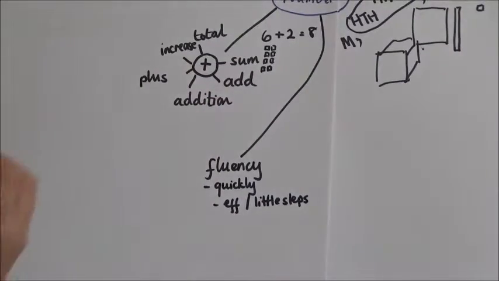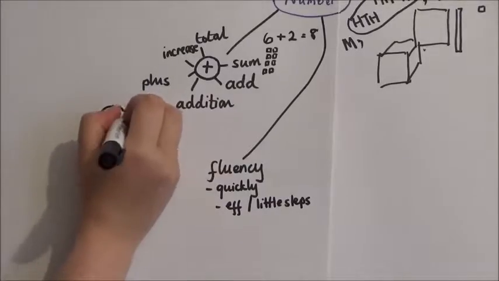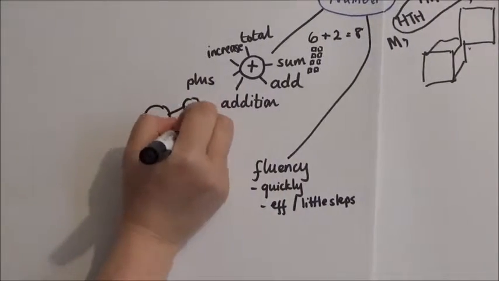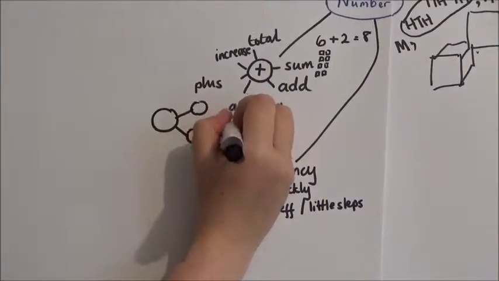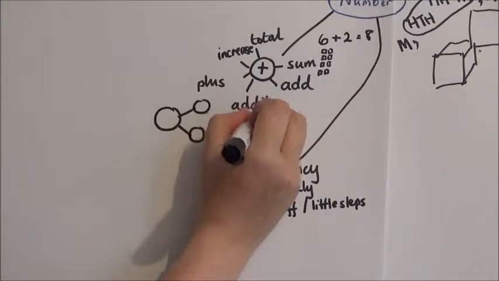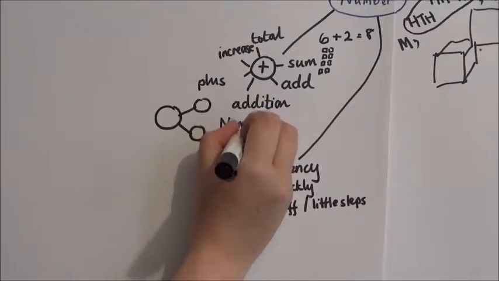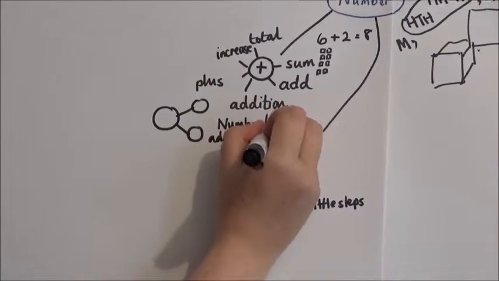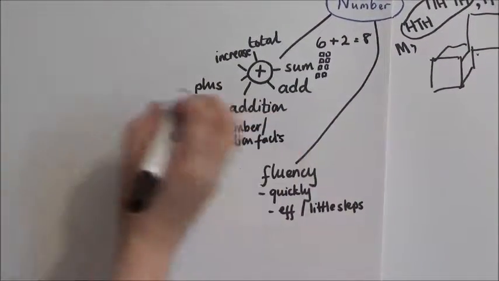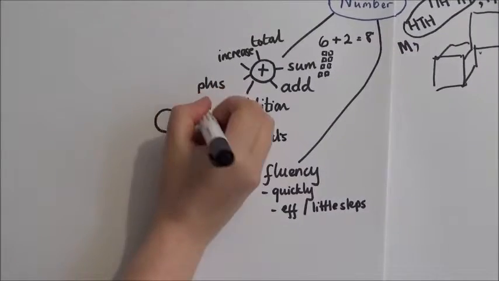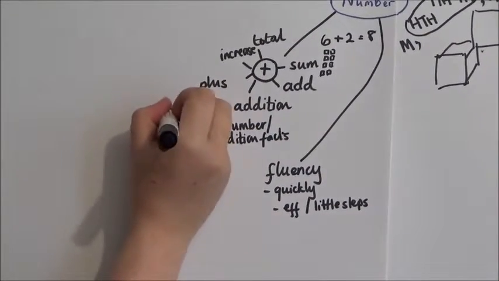When we were doing add, we looked at doing the part-part whole diagrams to help us remember number facts or addition facts. So that we knew that 3 and 4 is the same as 7.